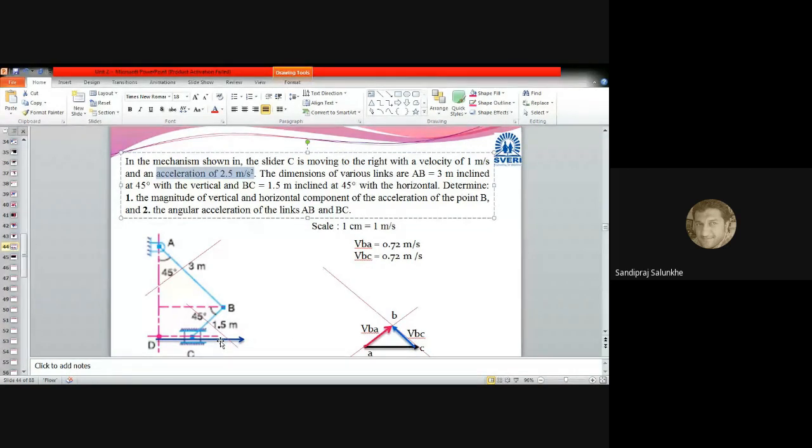So if it is given in the statement that it is retarding with 2.5 meter per second square, it means that it is in the opposite direction of motion. But it is given that it is accelerating and in the same direction by 2.5 meter per second square.